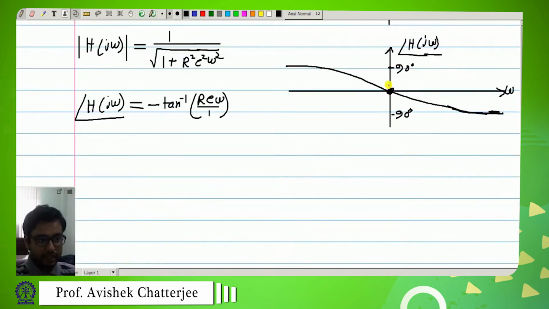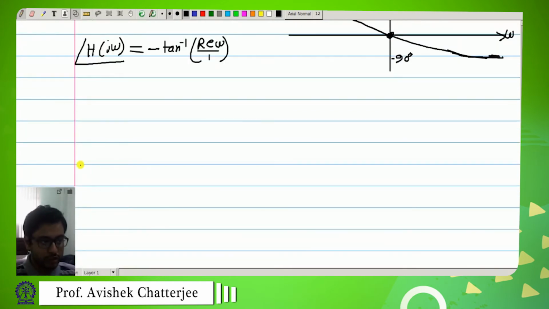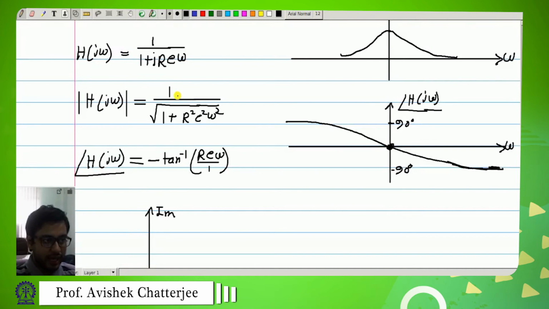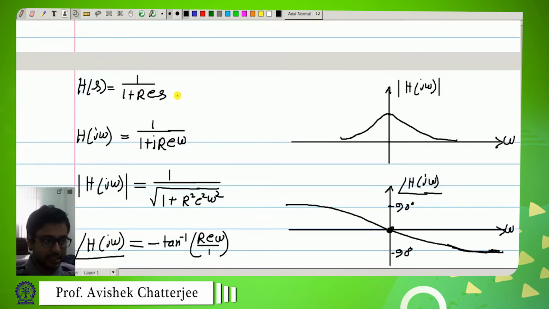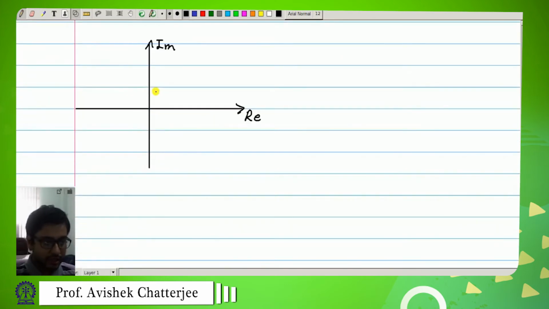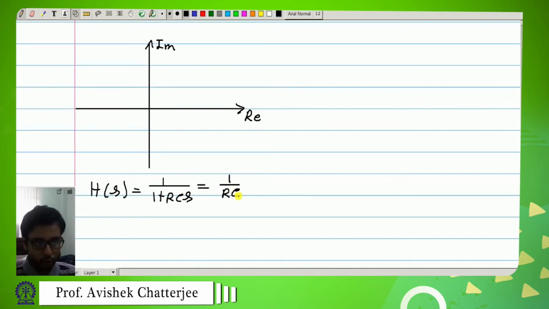Okay, and we could also use pole zero diagram. So let me also demonstrate that quickly. So real axis, imaginary axis, and H(s) is here 1 by 1 plus RCs. Let me write again. H(s) is 1 by 1 plus RCs, which is equal to 1 by RC common.